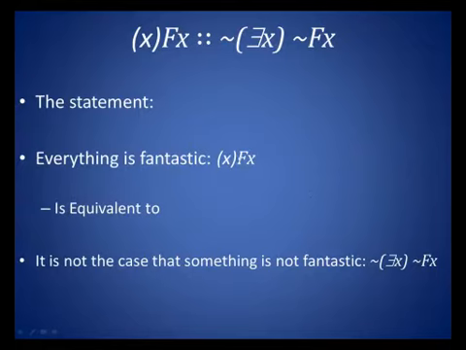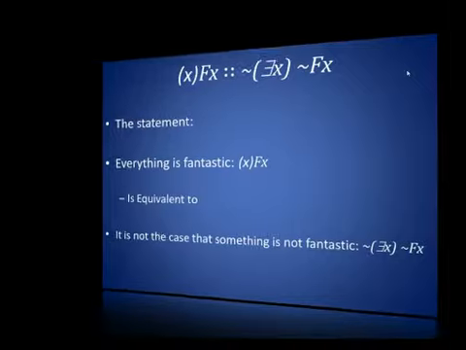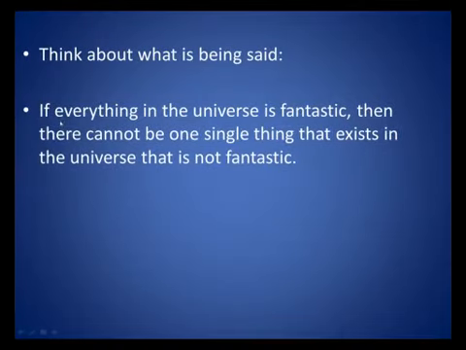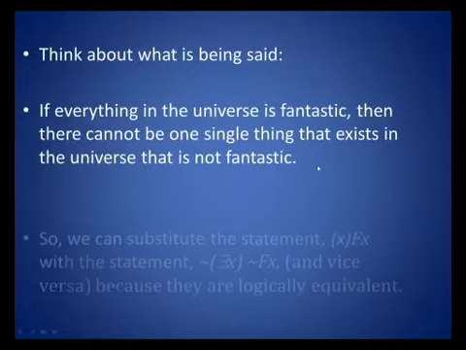So think about this for a second. If everything's fantastic, then it's also the case that there does not exist anything out there that is not fantastic. If everything in the universe is fantastic, then there cannot be one single thing in the universe that is not fantastic.